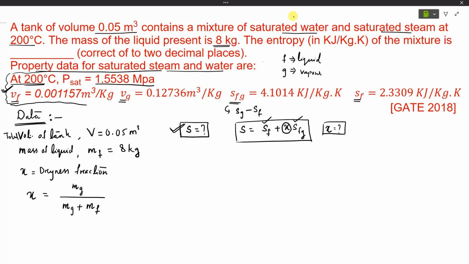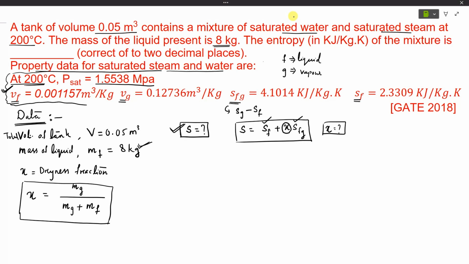So here we have the g subscript for vapor and f subscript for liquid. So if we get mg and mf, we get the dryness fraction. So individually we have to calculate mass of vapor and mass of liquid. But in the question, mass of liquid is given and we have to calculate only the mass of vapor.